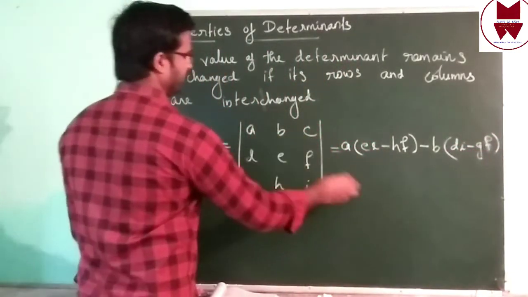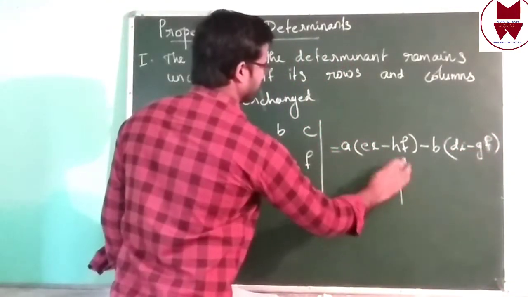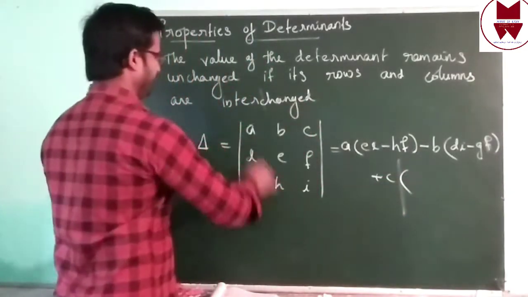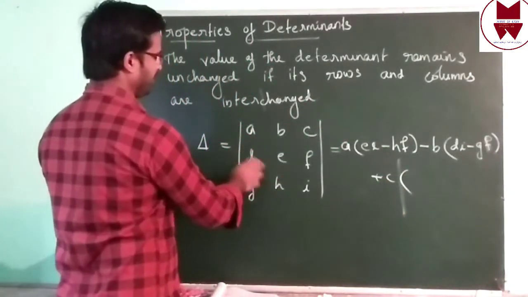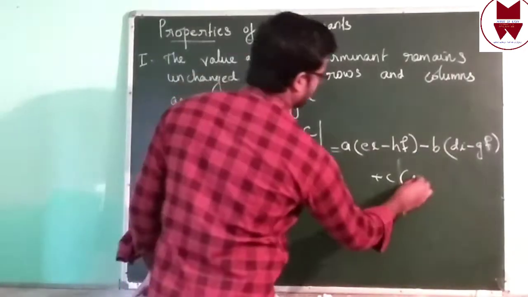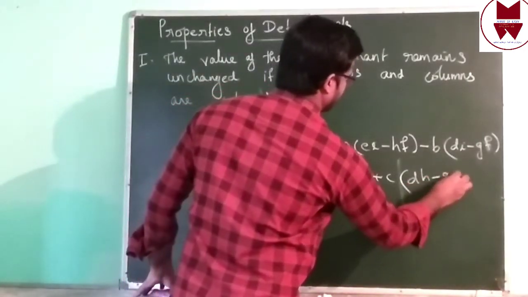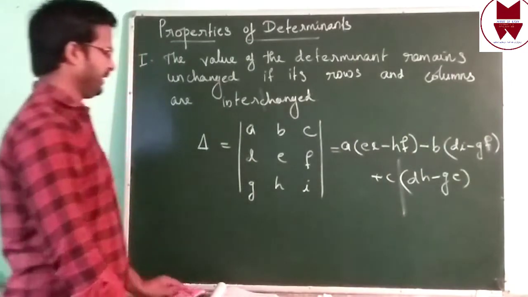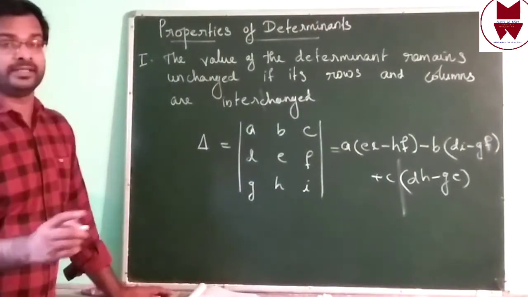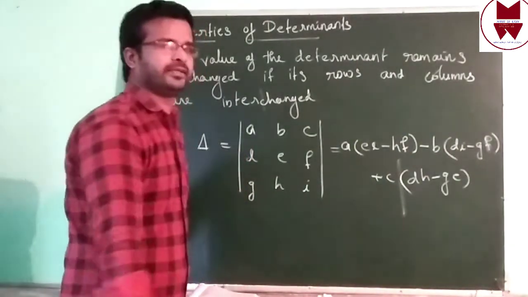Then C into, leave first row, third column, then remaining DH minus GE. Next, we are going to interchange rows and columns.